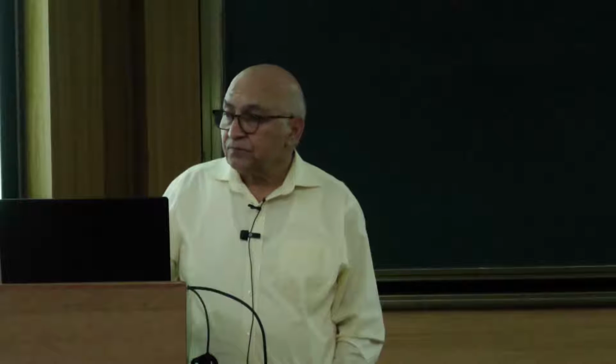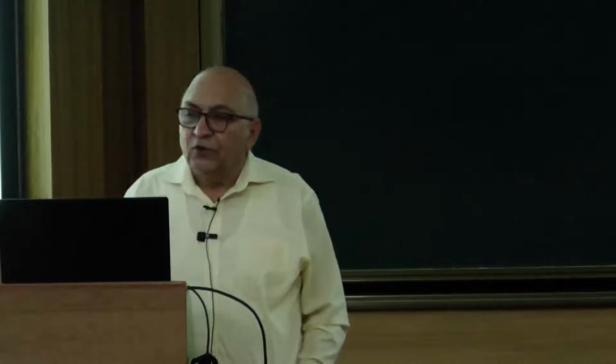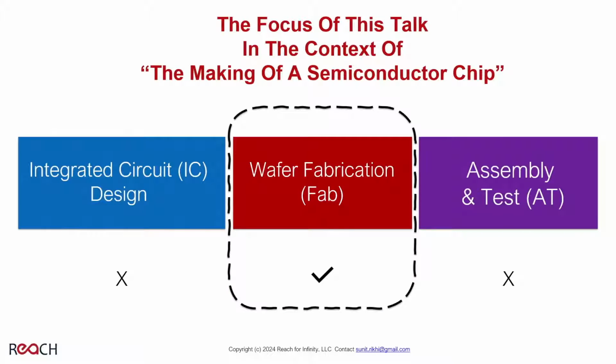So before I begin, I want to make sure where the talk will focus. There is this process of design of the integrated circuit, which leads to a tape out, and it goes into a wafer fabrication, which we call fab.